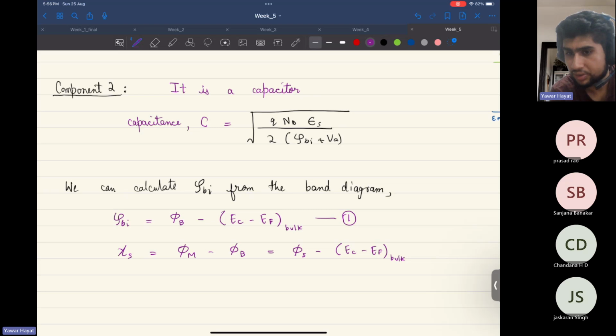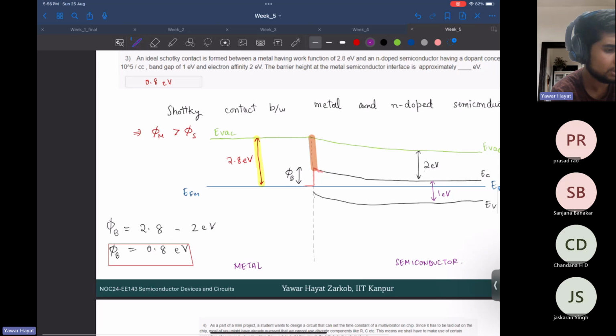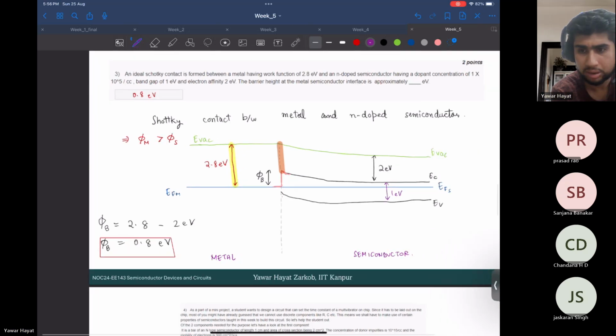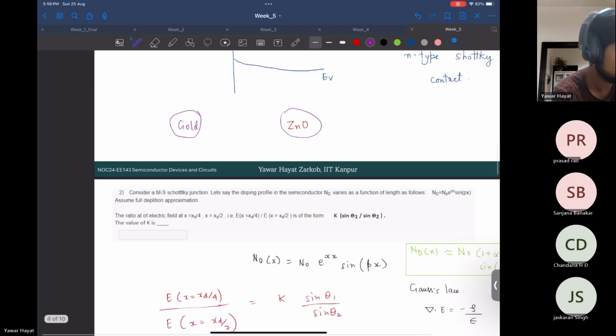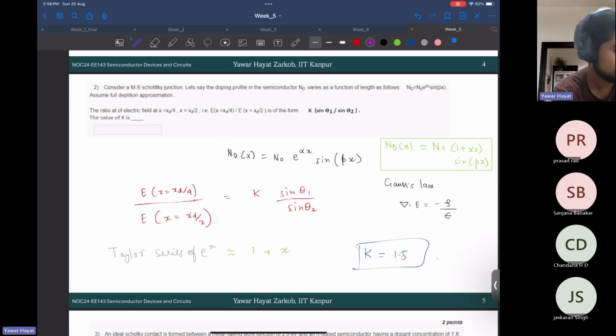Someone is saying that in an earlier problem, I had taken a different region for QB. In which problem? Can you at least write the problem number perhaps? Do you mean this one? Okay, this one. So what did you write?